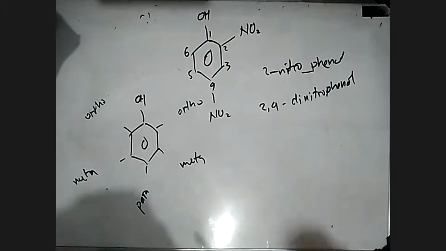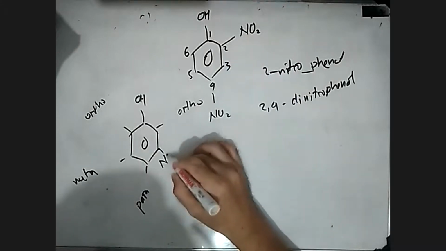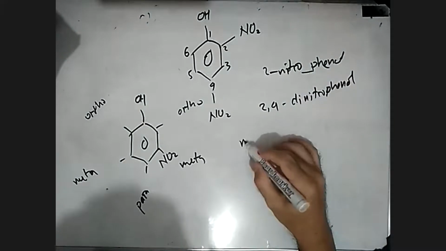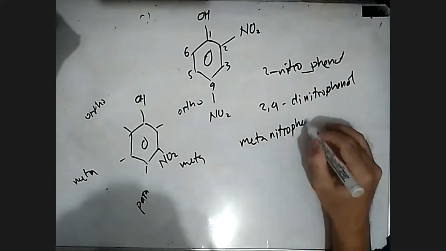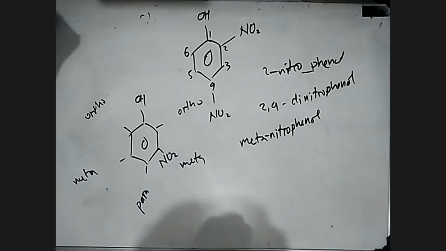So let's say we have nitro. If the nitro, NO2 group, we put them here. This is going to be meta-nitrophenol. Meta dash nitrophenol.